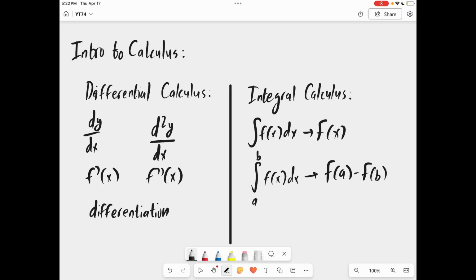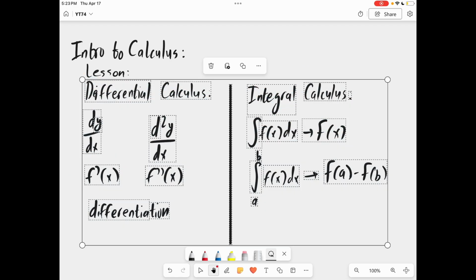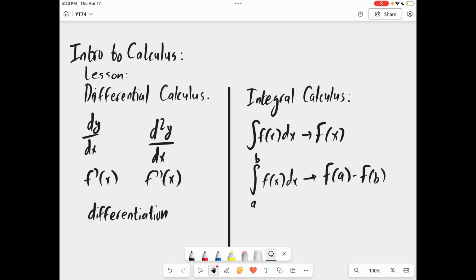Today's lesson is about an introduction to the two main branches of calculus. These two branches are called differential calculus and integral calculus. As I said, they are the two main parts, and they're pretty self-explanatory.